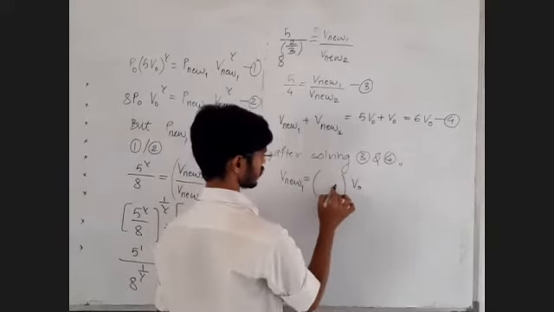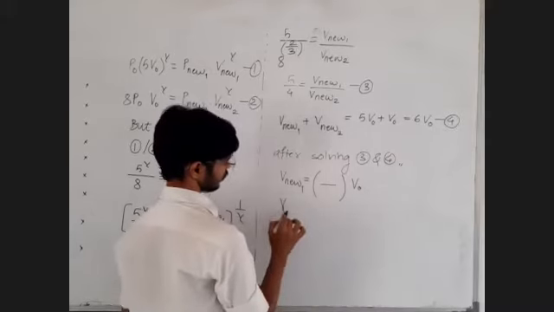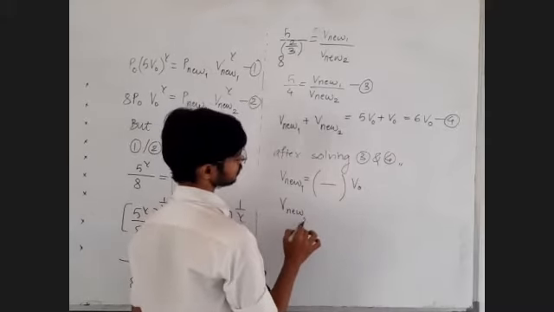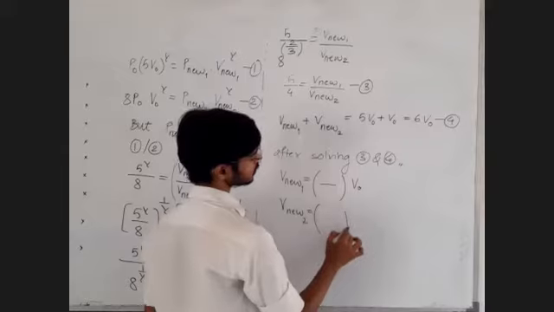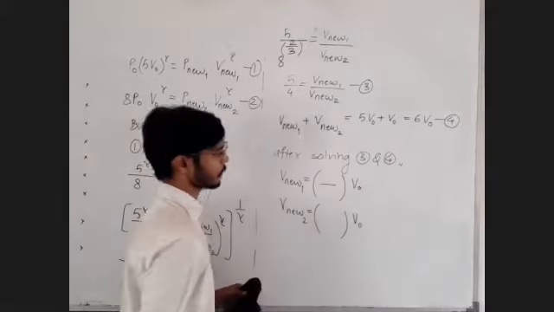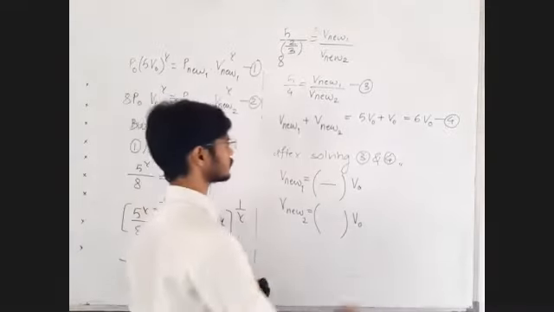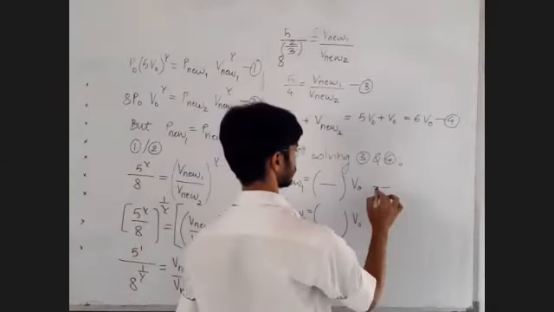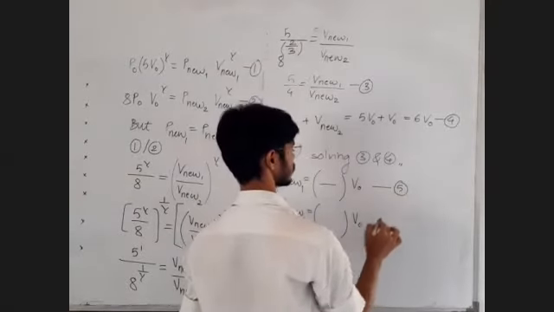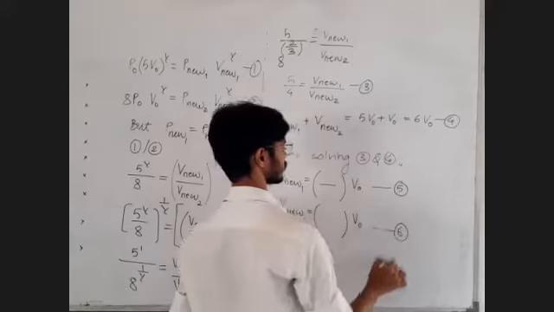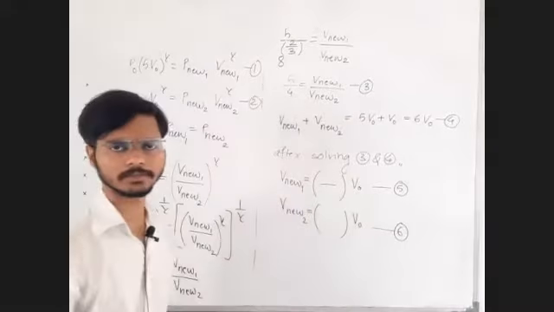Something upon something is also okay. V new 2 will be equal to how much? Tell me.